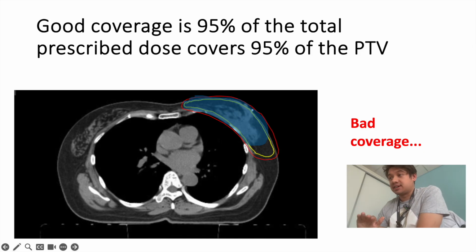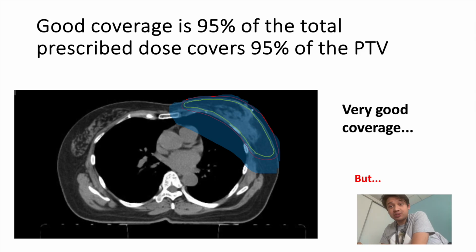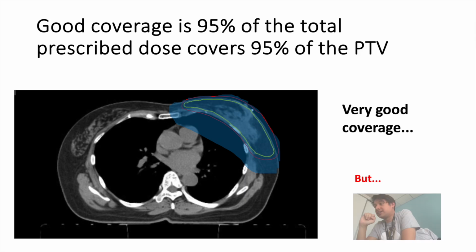Remember, in this case, this is just one CT slice, but of course, we always need to think in 3D. In this case, you have a very good coverage. The whole PTV is included into the 95% isodose, but the volume of the 95% isodose is much larger.